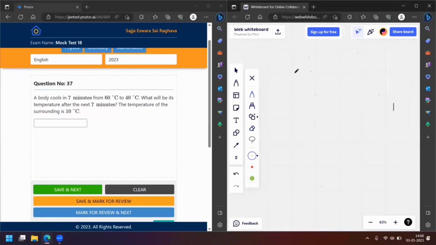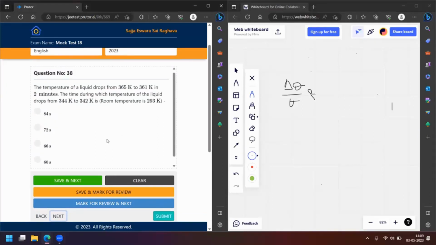Using Newton's law of cooling, you can get the rate of temperature change, del theta. Del theta will depend on the average temperature minus the surrounding temperature. So using Newton's law of cooling, you can find the temperature after some time.